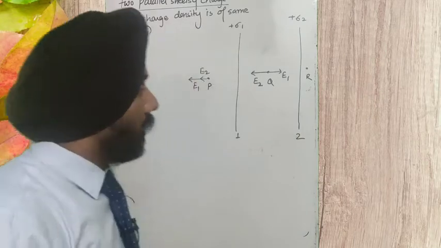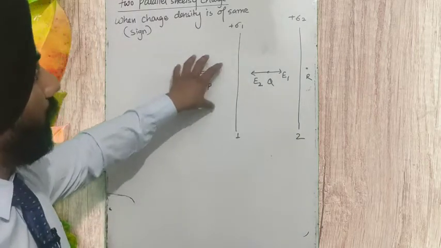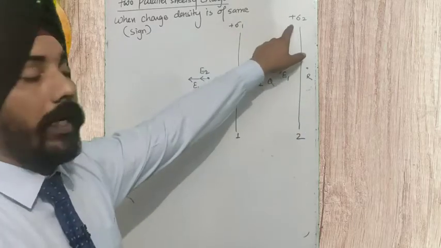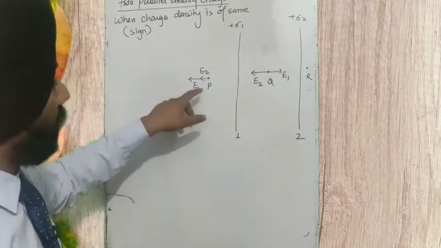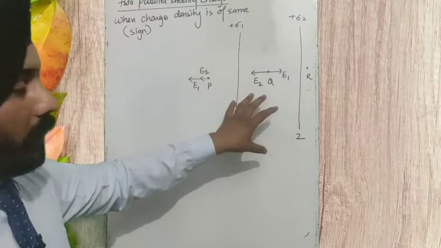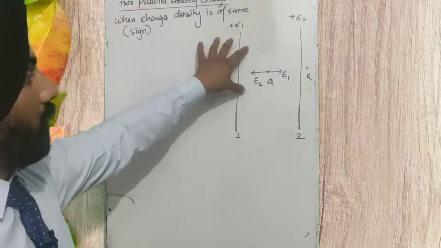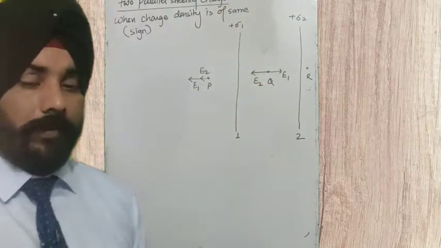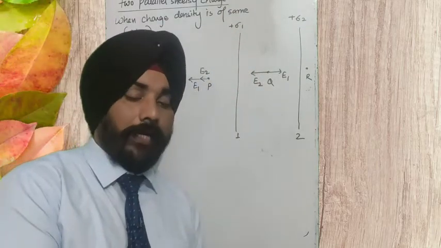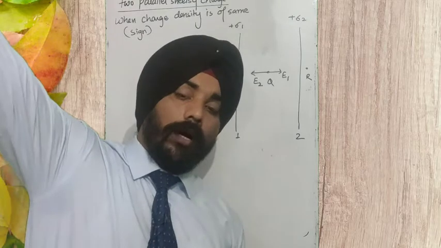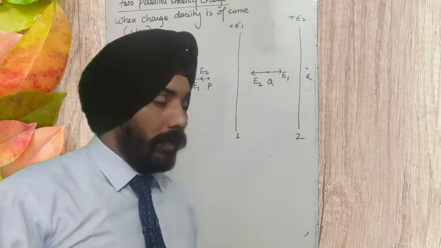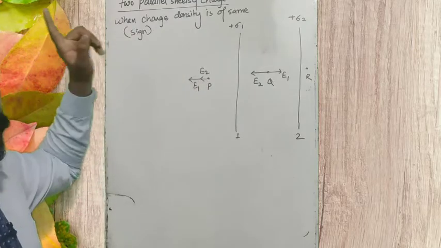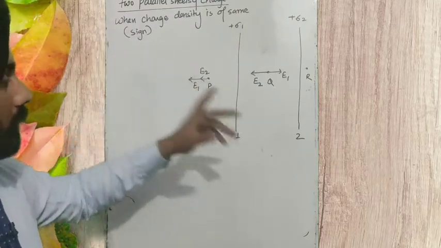So here also we have to see that for sheet 1 and for sheet 2, there is a positive charge on both of them. And when we realize the electric field due to 1 and 2, we need to remember it is positive, and electric field lines will originate perpendicularly and go to infinity. So it is perpendicular to the sheet and going to infinity, away from the sheet.